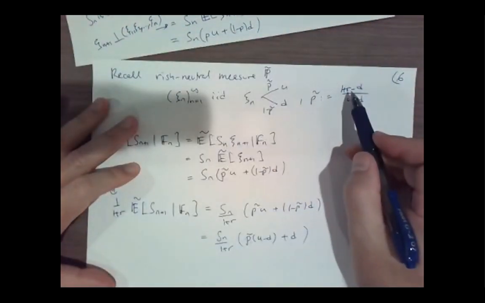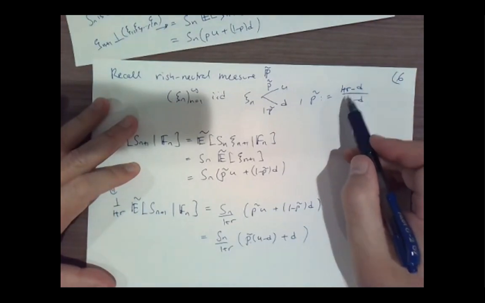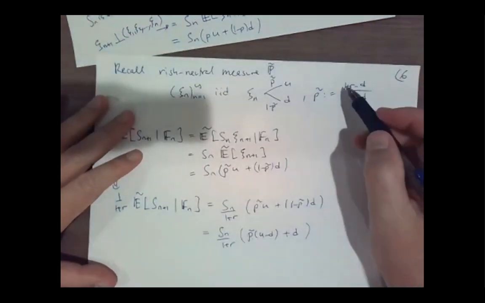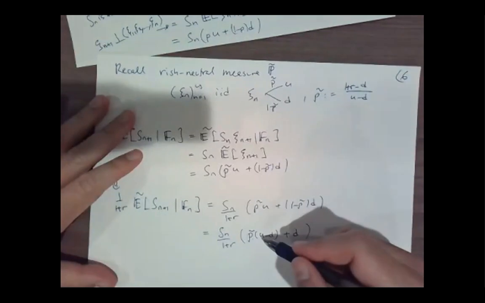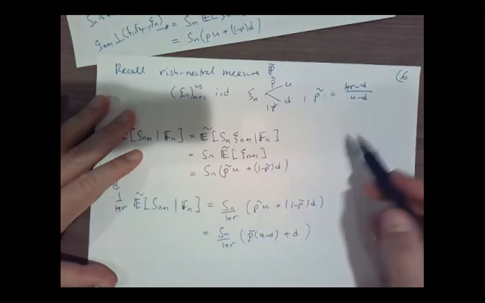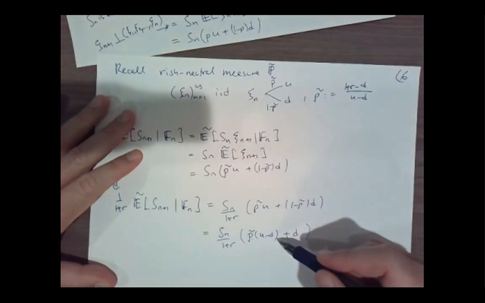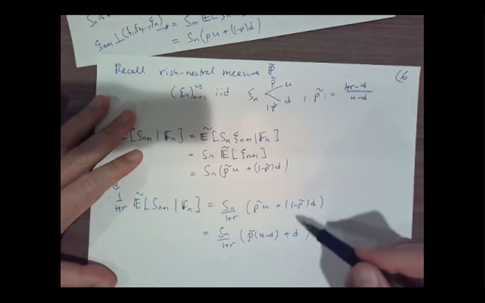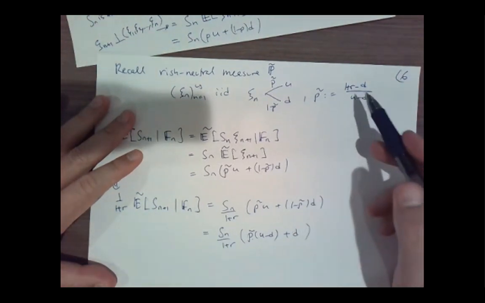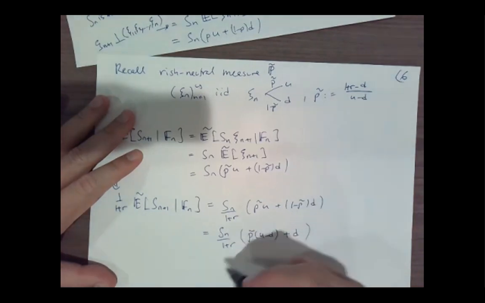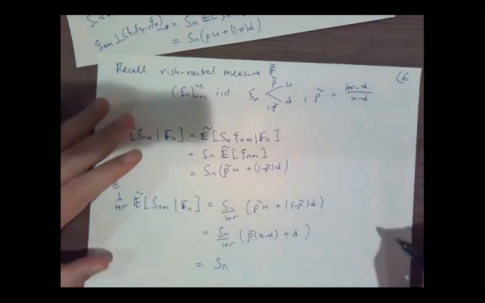Now if I take p tilde from up here and plug it in here, what will we get? The u minus d will cancel out. I'll get minus d, I'll get plus d, I get 1 plus r divided by 1 plus r. When I do this, I'm going to get Sn.